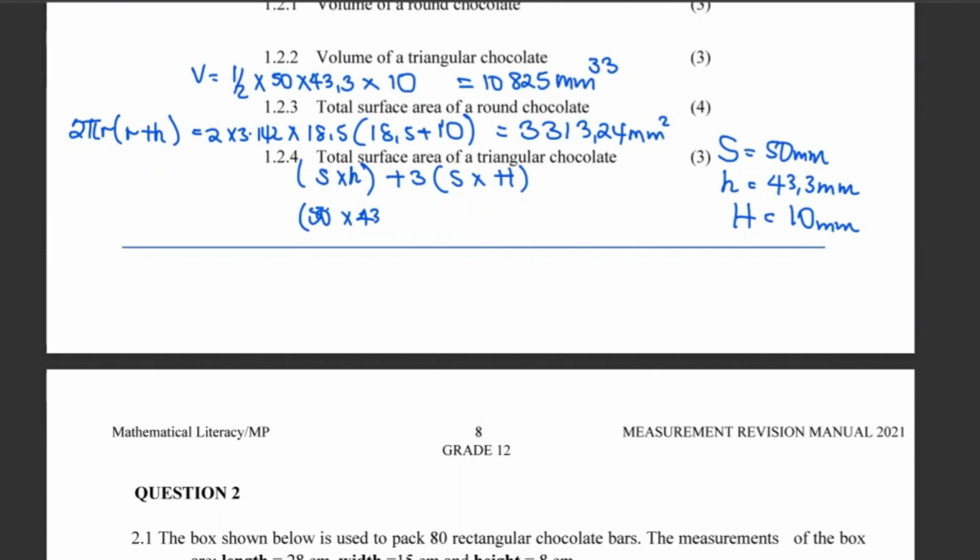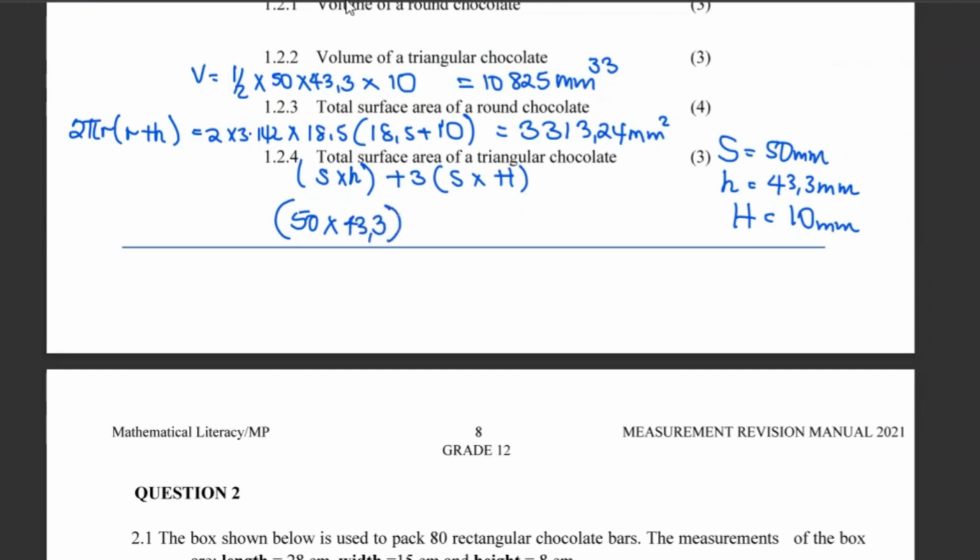Please, measurement is all about substituting if you're given the formula. So my S, I open my bracket. I see S, I put a 50 because S is 50. Times, I see the small h, I put 43,3.